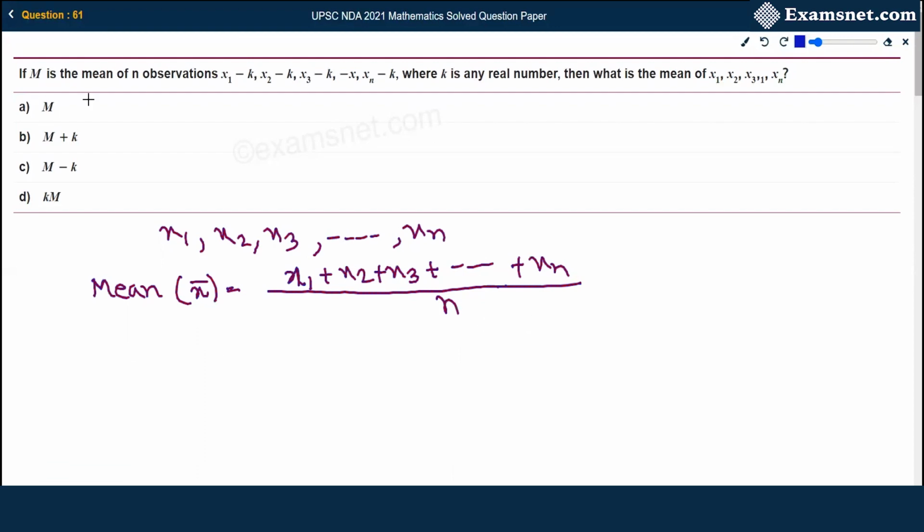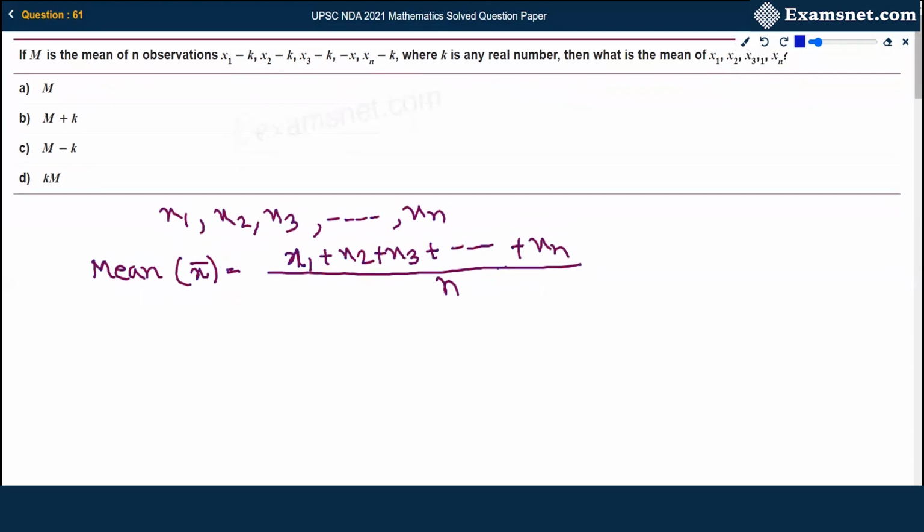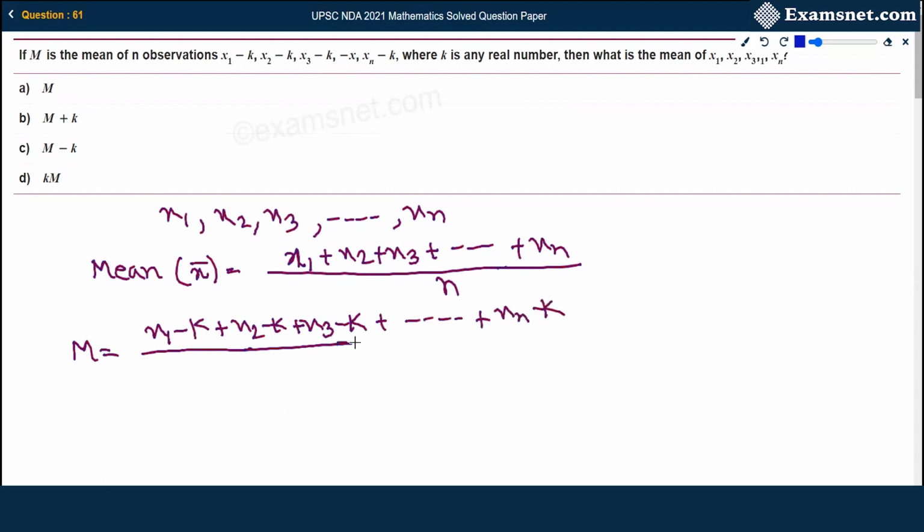So according to the given sum, the given mean of n observations is M, so we can represent the above scenario as capital N M equals x1 minus k plus x2 minus k plus x3 minus k plus up to xn minus k, divided by the total number of observations, n.